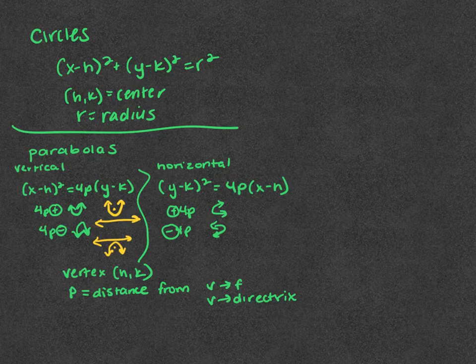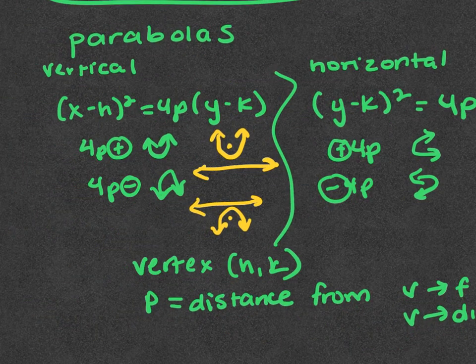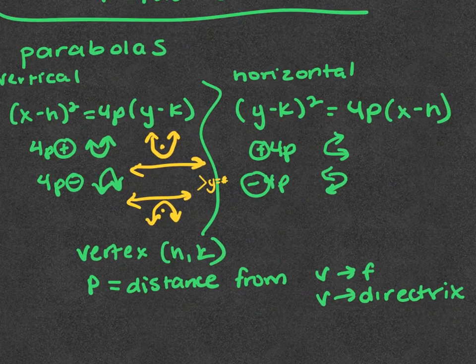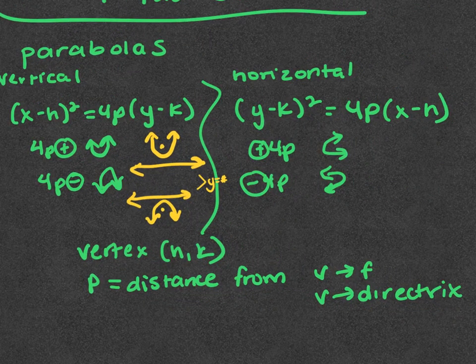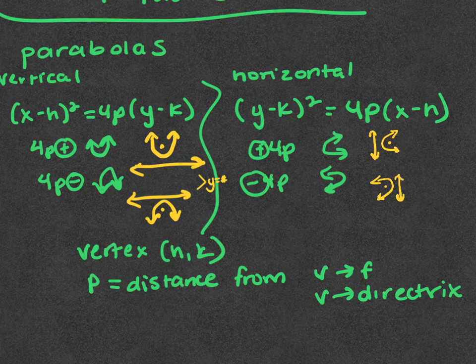These would be y equals the number equations. For the horizontal ones, if it points to the right, then your focus is inside and your directrix is vertical. If it points to the left, the focus is inside, the directrix is vertical, and these are x equals equations.